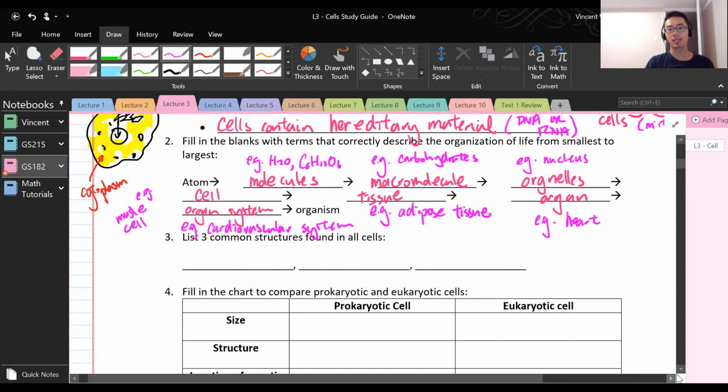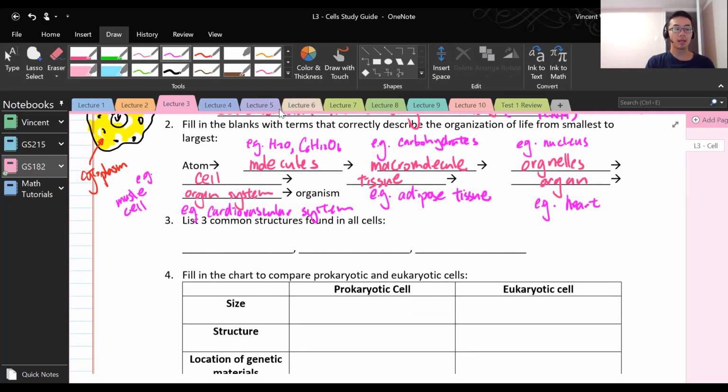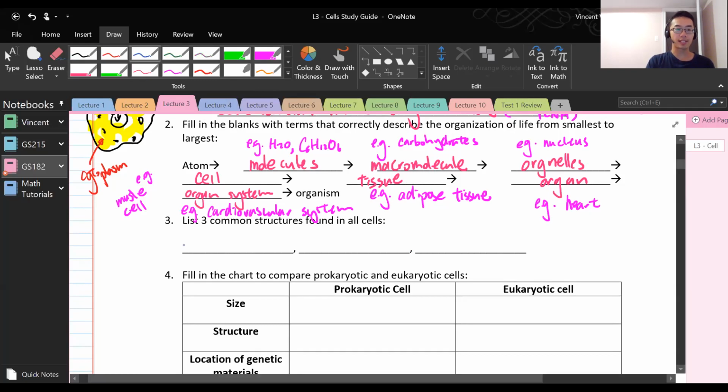All cells are a little bit different. They look different, they might be found in different places, and they might behave differently. But there are three common features that you will have in all cells. The first feature is they will all have a cell membrane of some sort. Another word for cell membrane is plasma membrane.